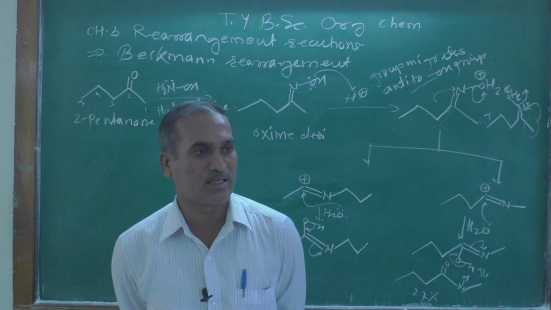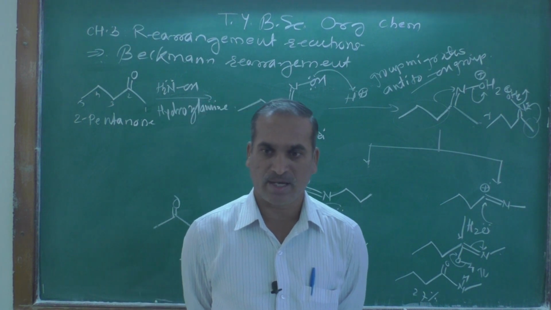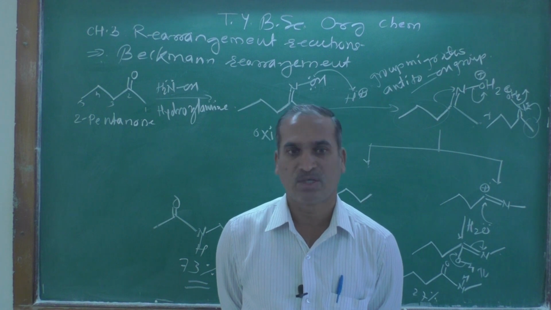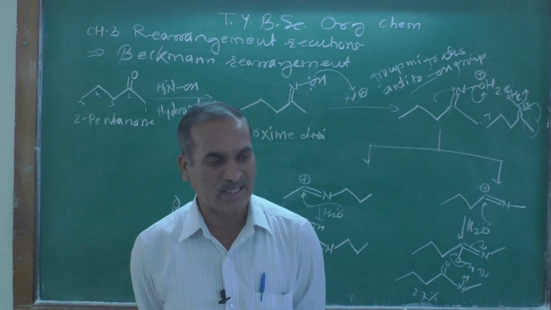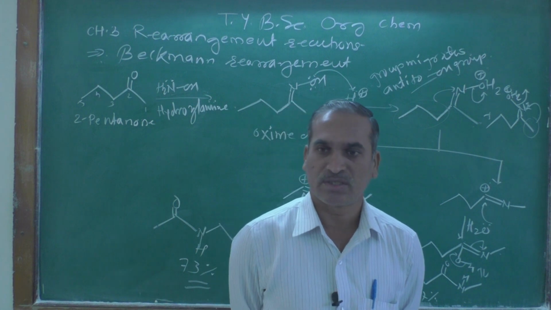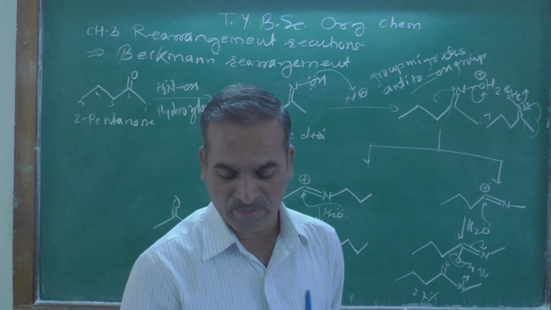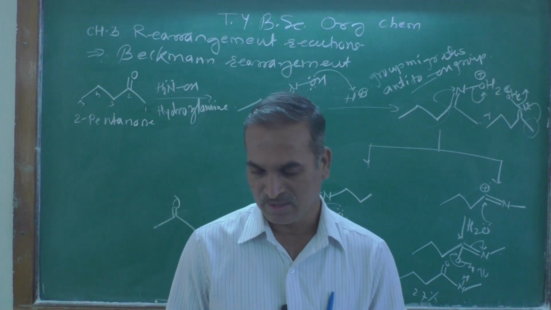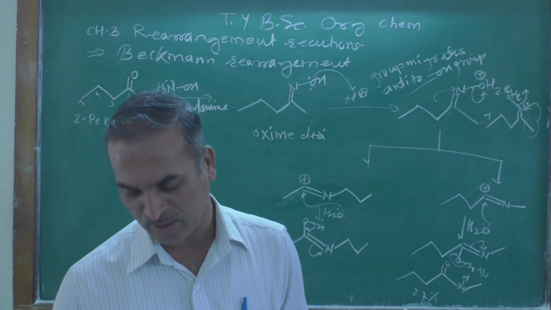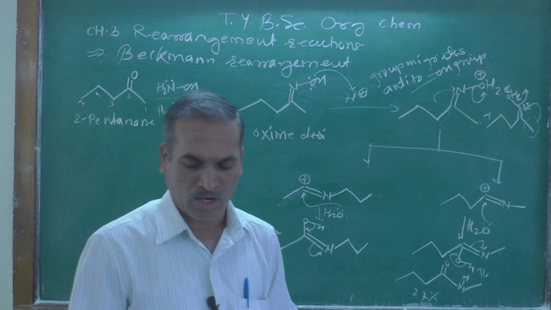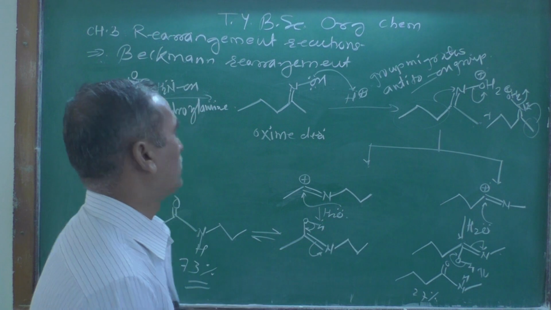By analyzing the spectra from their chemical shift values, the organic chemist can easily distinguish these two structures from each other. That type of analysis we will see while studying spectroscopy. But here just remember that two products are obtained and one is major and the other is minor.